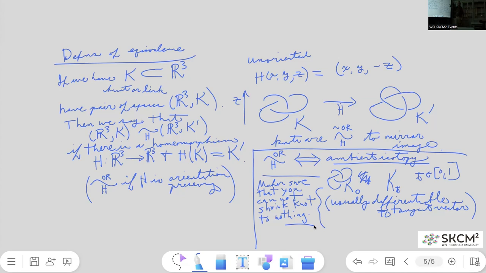But throwing a knot by a homeomorphism from one picture of it to another picture of it is often exactly what you want for thinking about it. In the case of the unoriented move, there is no ambient isotopy that takes you from here to here. There is no set of Reidemeister moves that takes you from here to here. We have to prove that, but it's true.